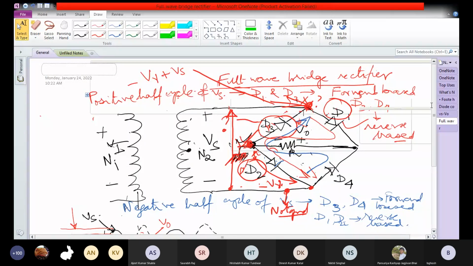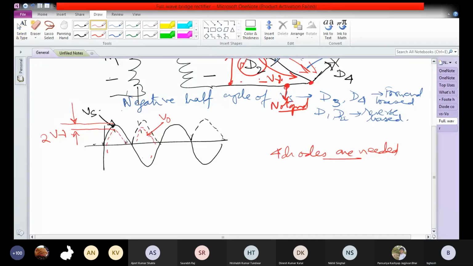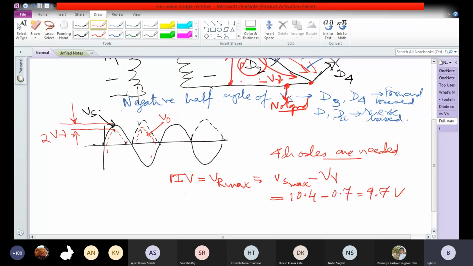Therefore, the peak inverse voltage, PIV, which is VR max, will be Vs max minus V gamma, and that is 10.4 minus 0.7, which is 9.7 volt.